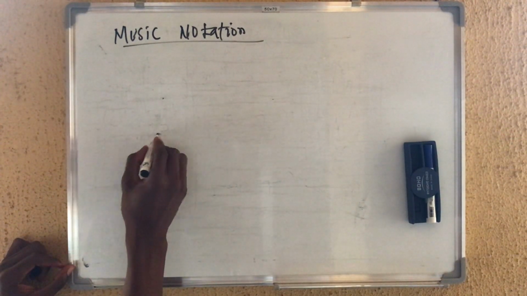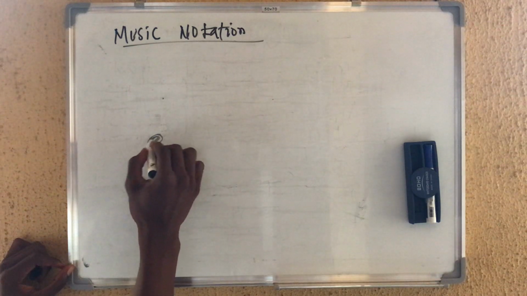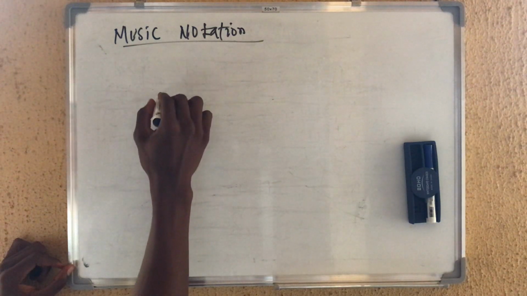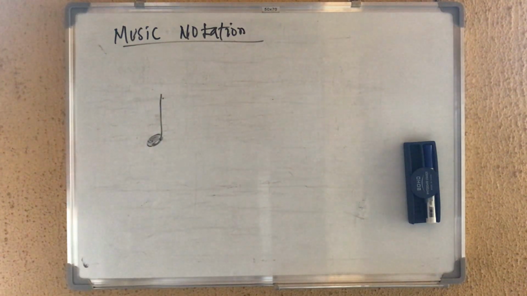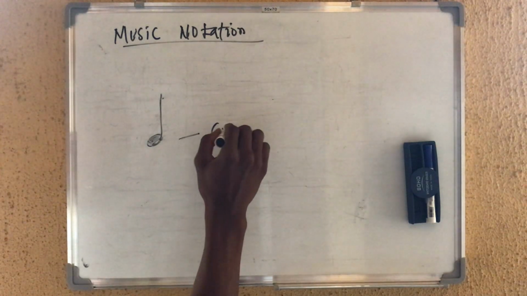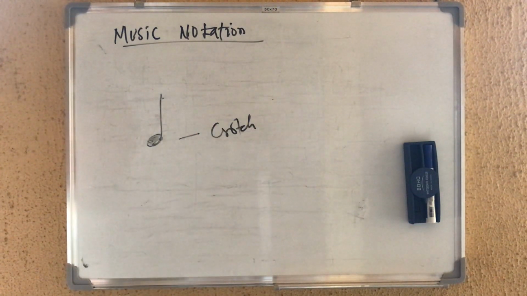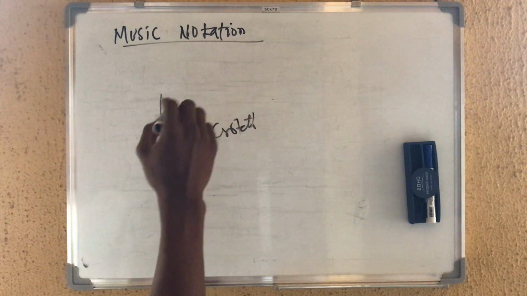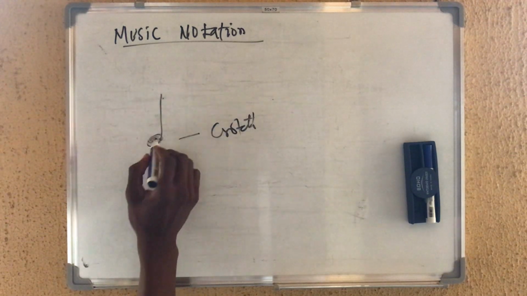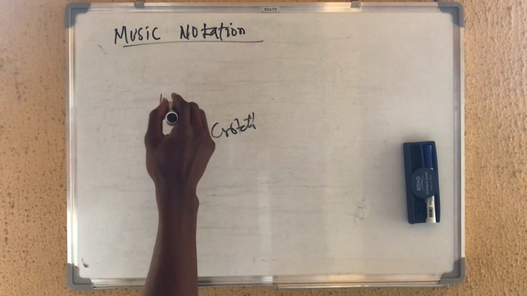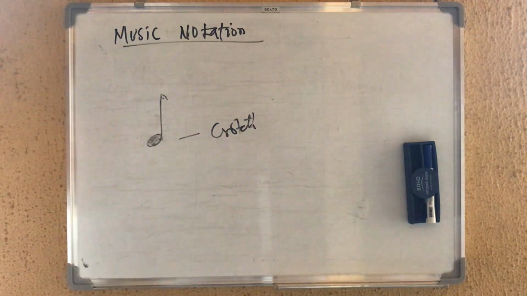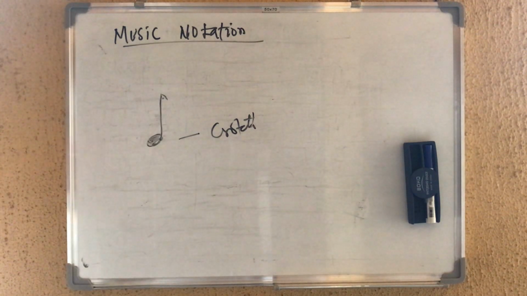You see your head, then your head is shaded, then a vertical line is attached to it. It is called a crotchet. Then when that shaded head, vertical line, and a stem is added to it, it is now called a quaver.